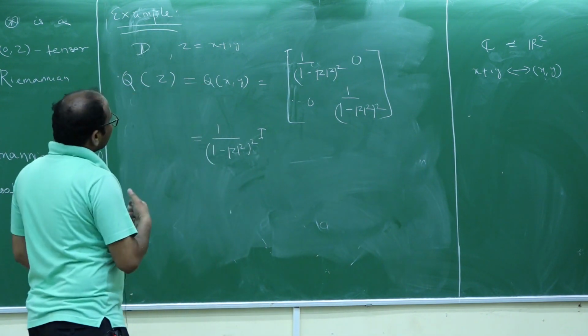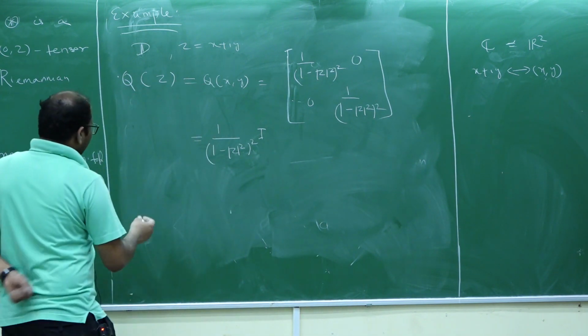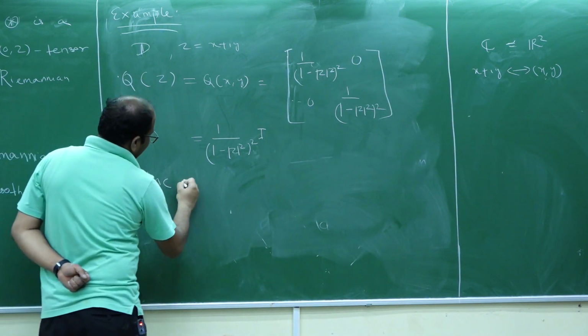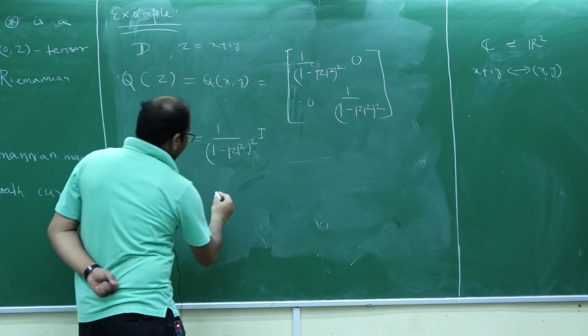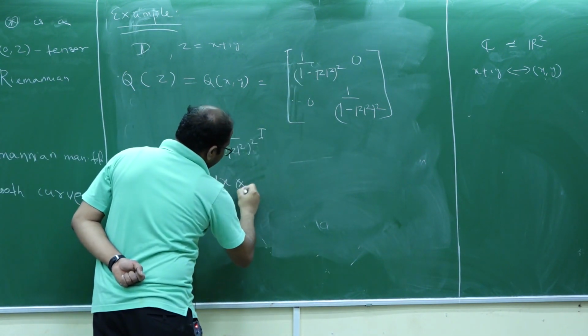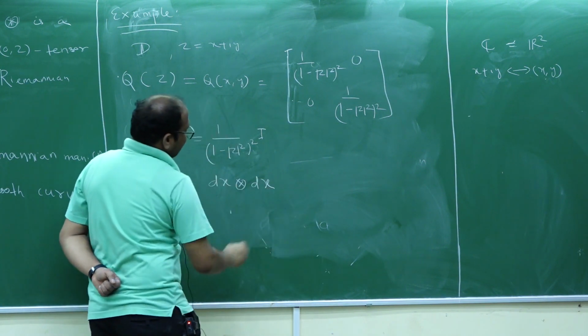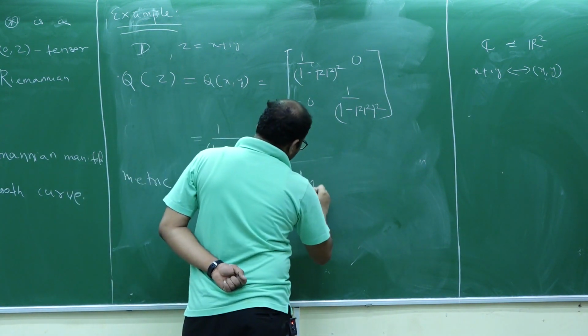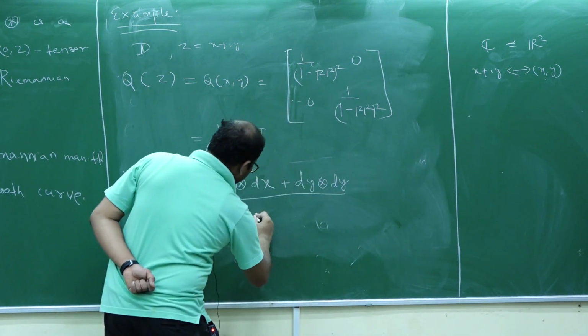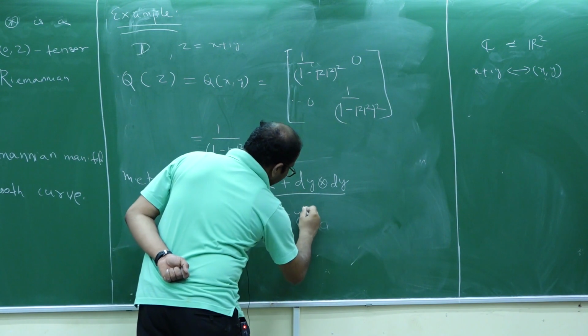And Q is also a smooth function. So what is the corresponding metric? It is dx tensor dx plus dy tensor dy over (1 minus x squared minus y squared).